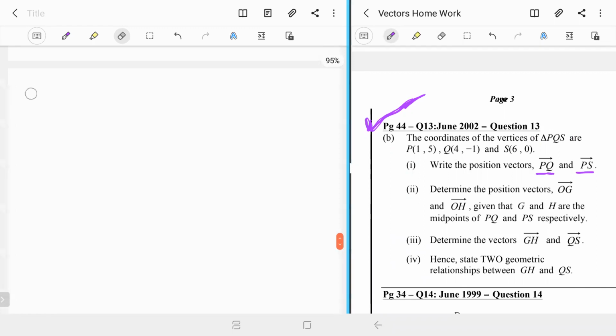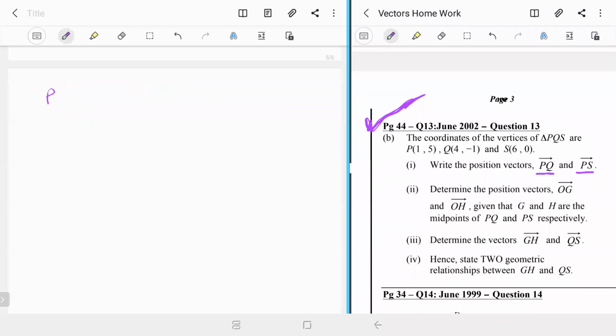Since they gave us the point P, 1, 5, this means that the vector OP is 1, 5. Not a fraction, 1, 5. Let me write them under each other.